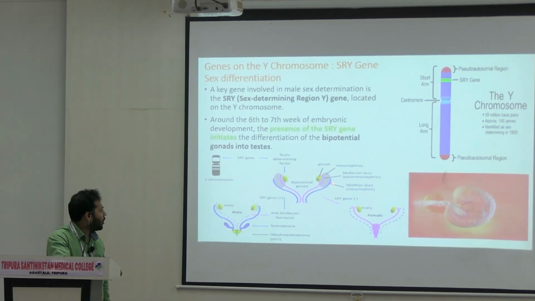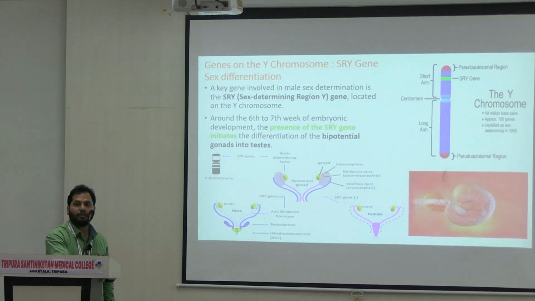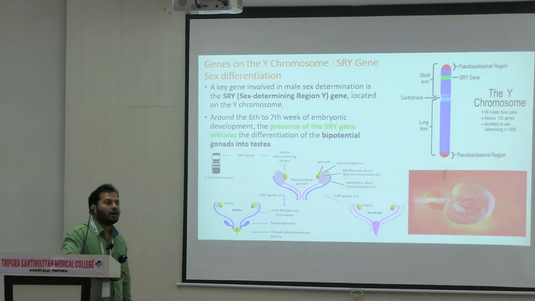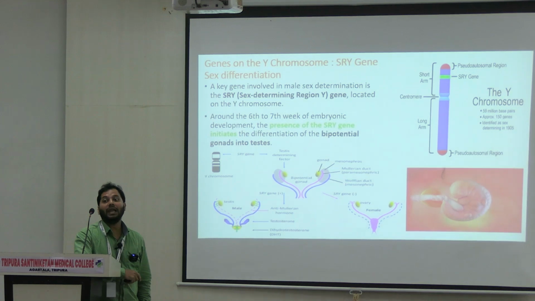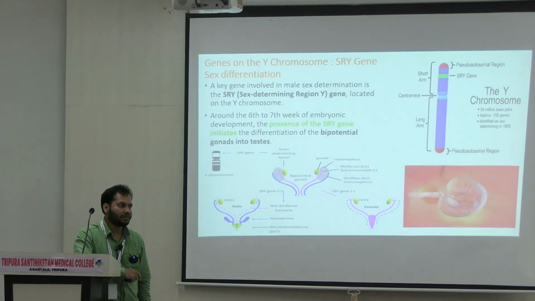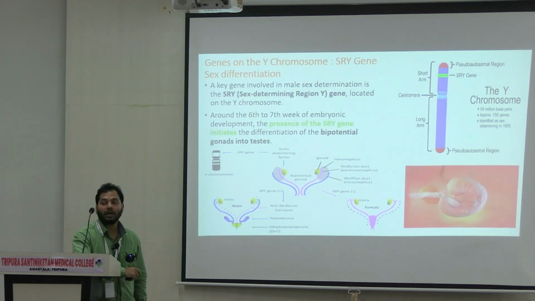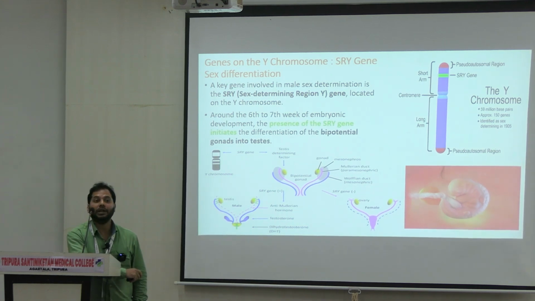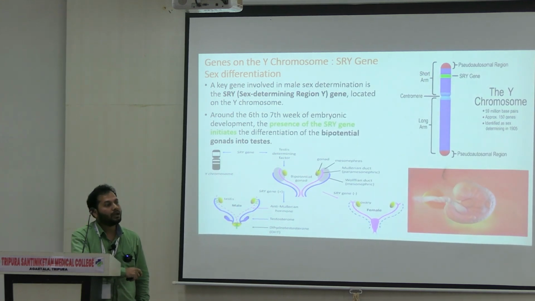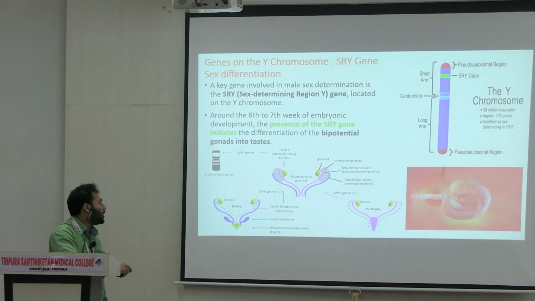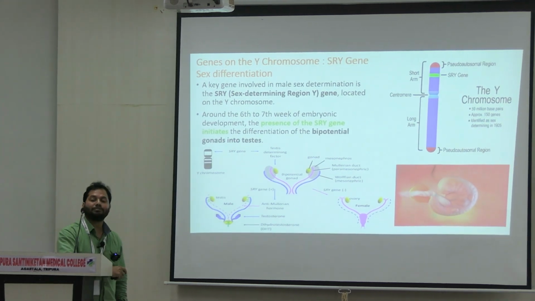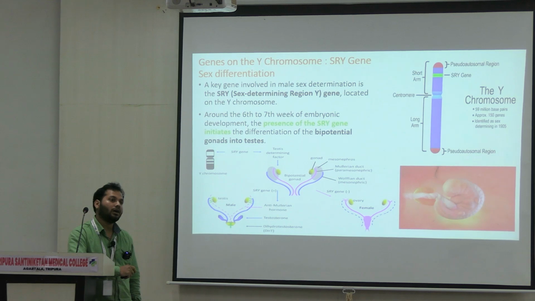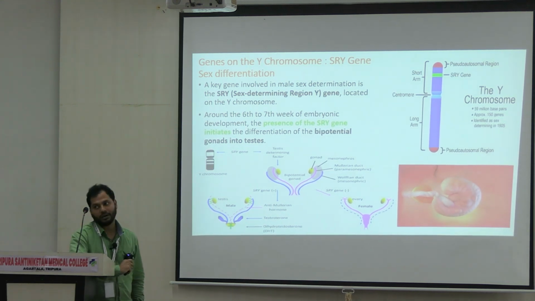The Wolffian duct of this bipotential gonad mainly develops into male sex or testis, or it is involved with the development of male internal genitalia. Whereas the Mullerian duct is mainly responsible for the development of female reproductive organs.